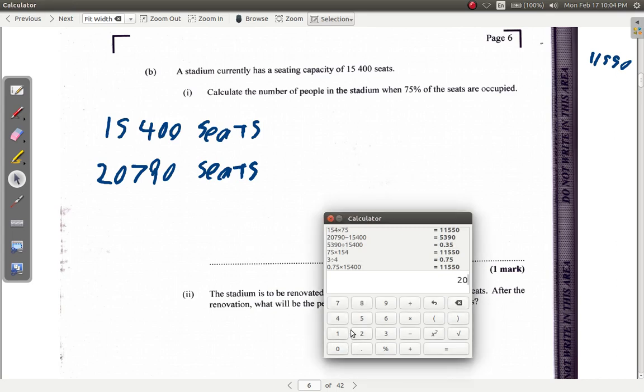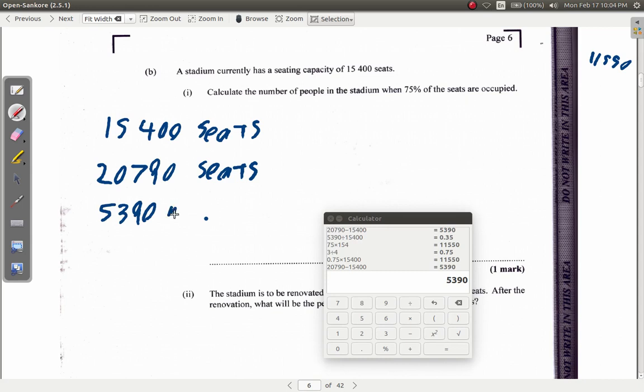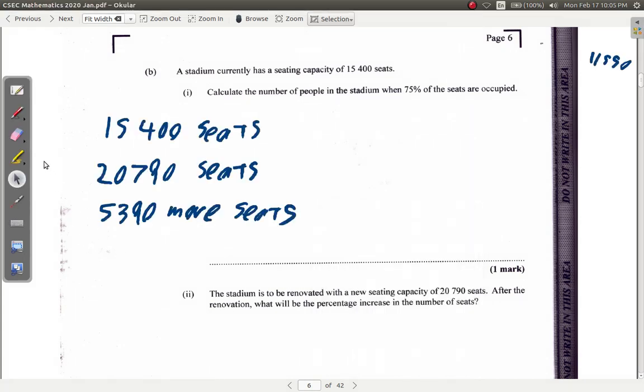You have 20,790 seats minus 15,400 seats, and that gives you 5,390 more seats. Now, how do you find the percentage increase in the number of seats?